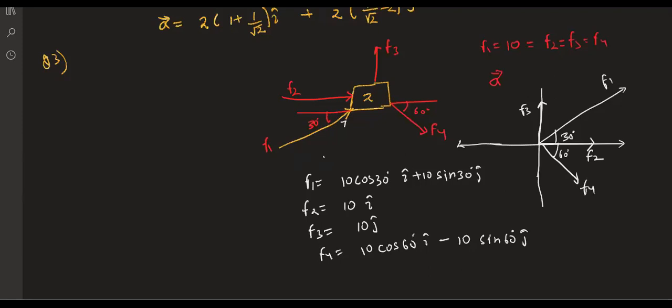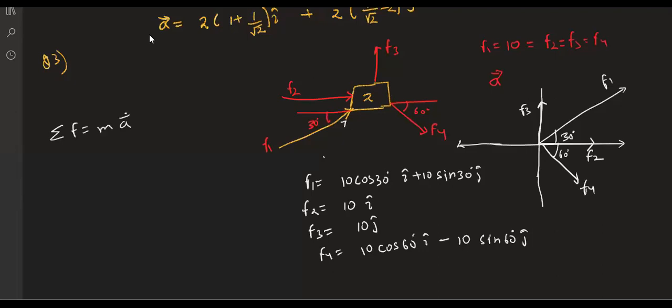Now just add them and divide by 2. So the net force, summation of F, is equal to m into acceleration.